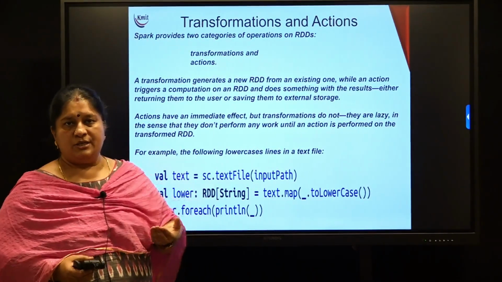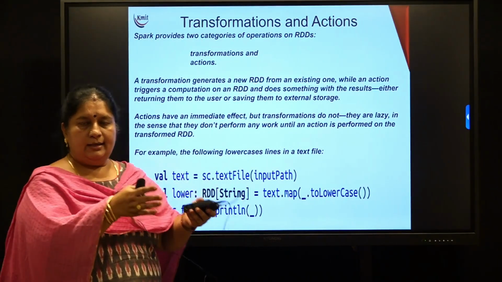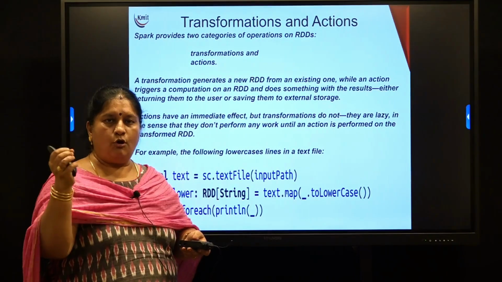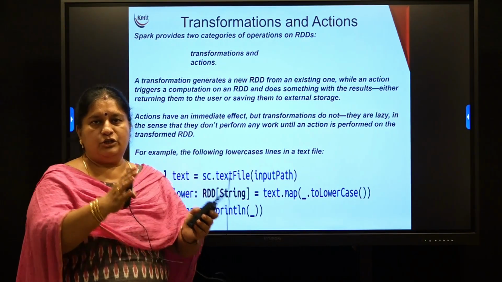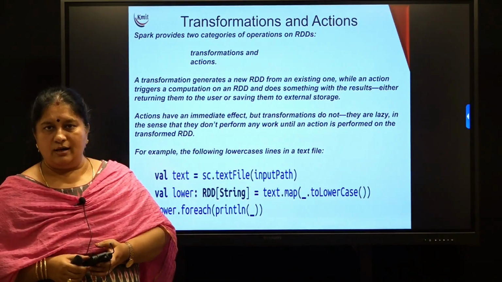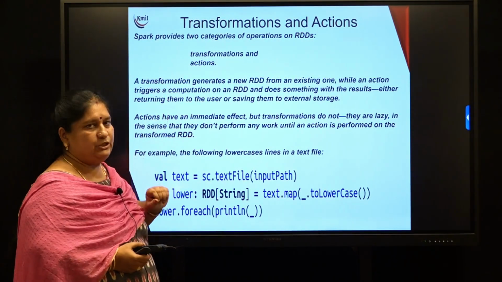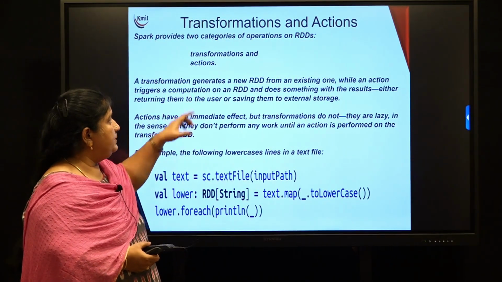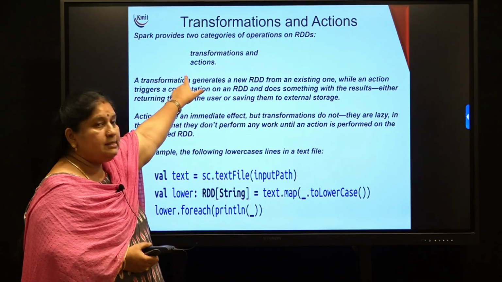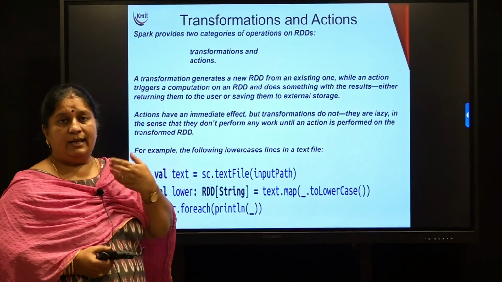What do we mean by transformation? An existing RDD is there, you perform some operations on that and you are changing it into another RDD. We call such operations transformations. One more type of operation in Spark on RDDs is action. What do we mean by action?